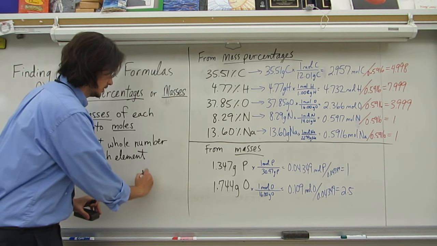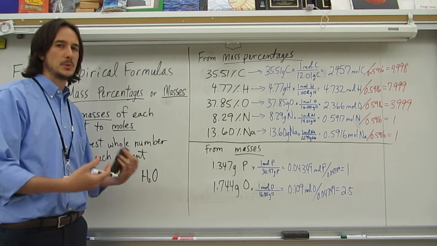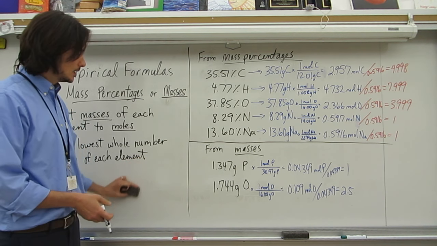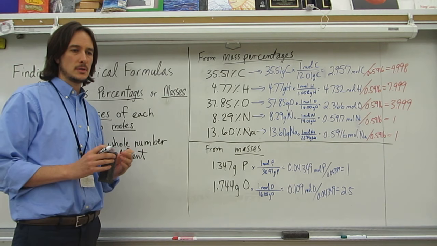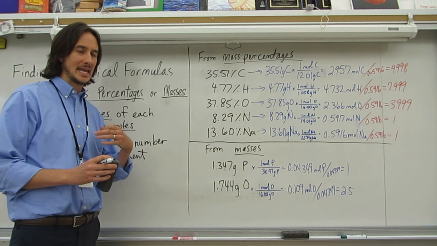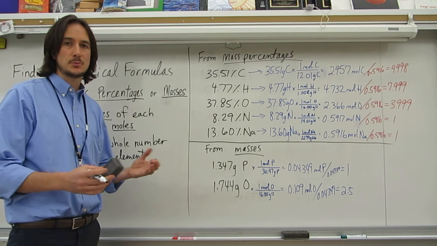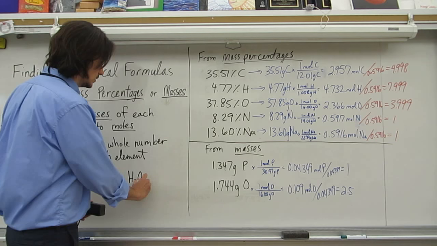Let's see, water, H2O. It's 2 hydrogens for every oxygen. That's an empirical formula. It's the lowest whole number ratio. But we can find some molecular compounds where the ratio can be reduced. Quick example, hydrogen peroxide is H2O2.